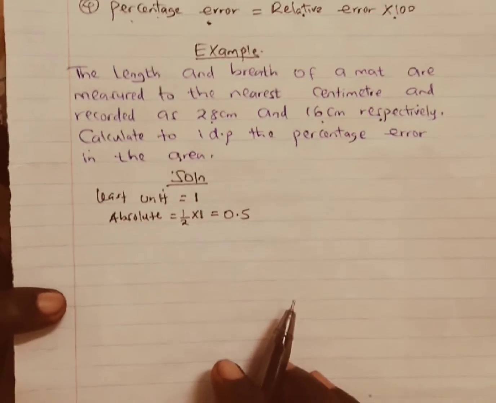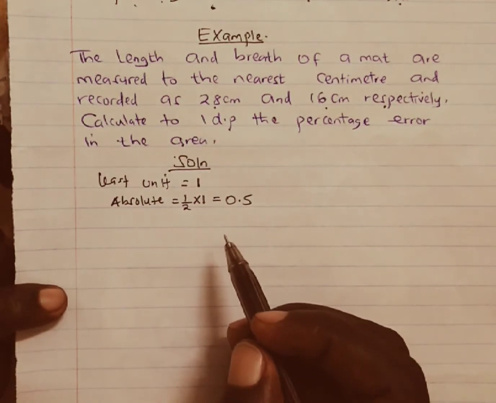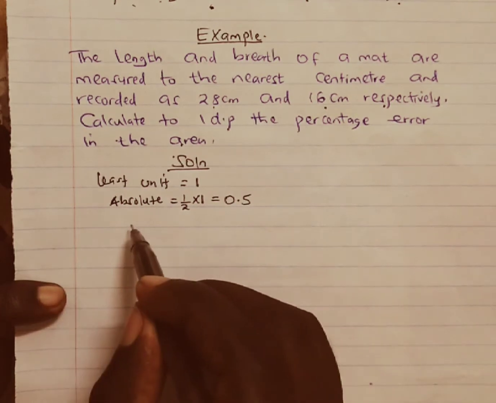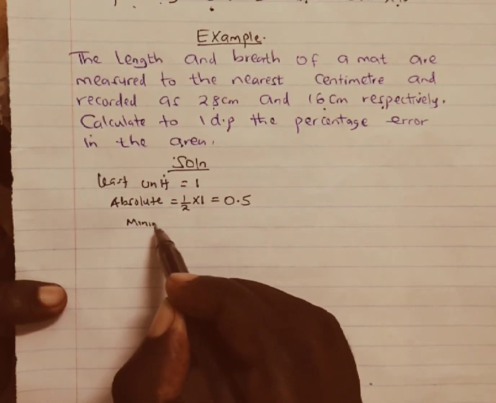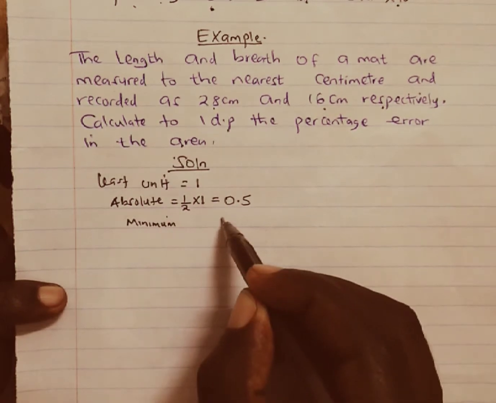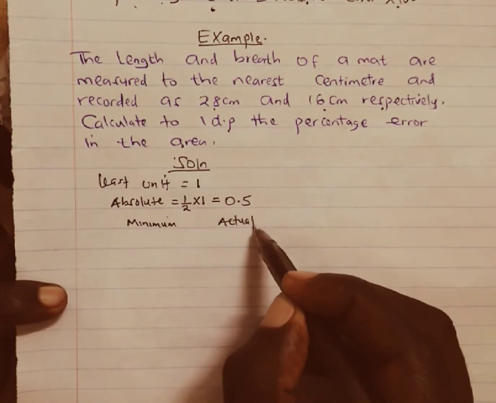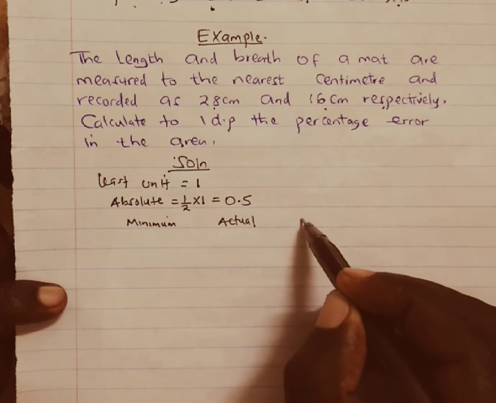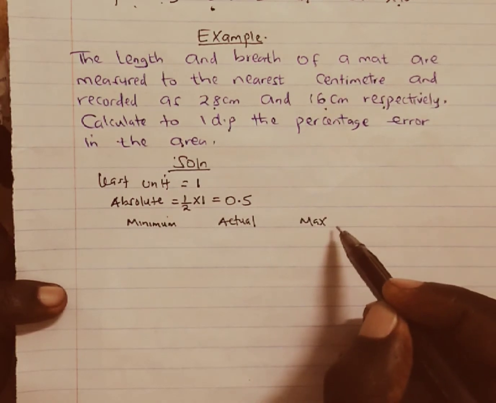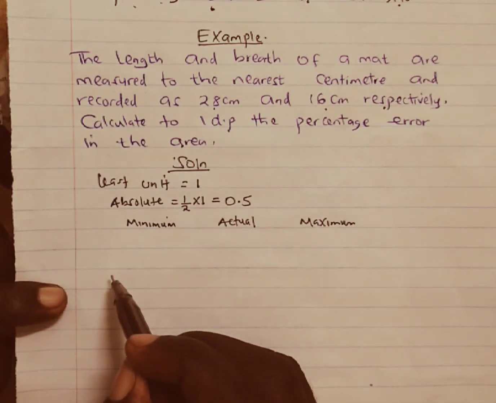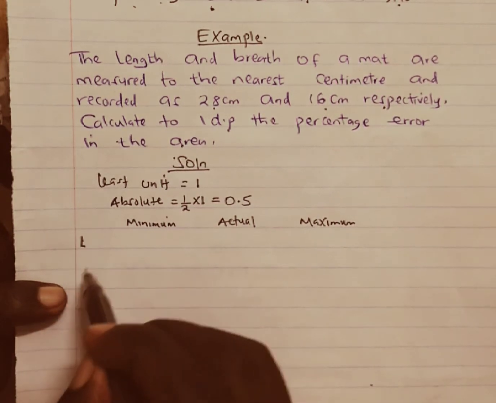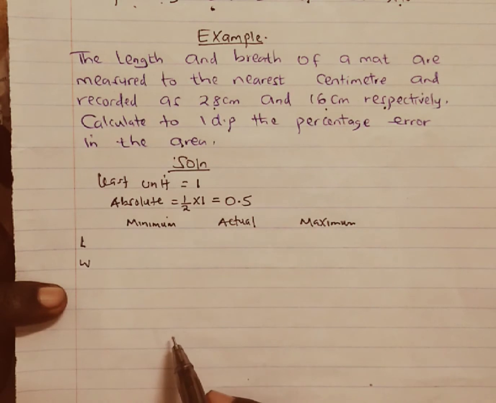For us to understand how we are going to go through this question, let us have, for example, the minimum, we have the actual measurement, then of course we have the maximum here. So we are going to have the maximum for both the length and also the width.